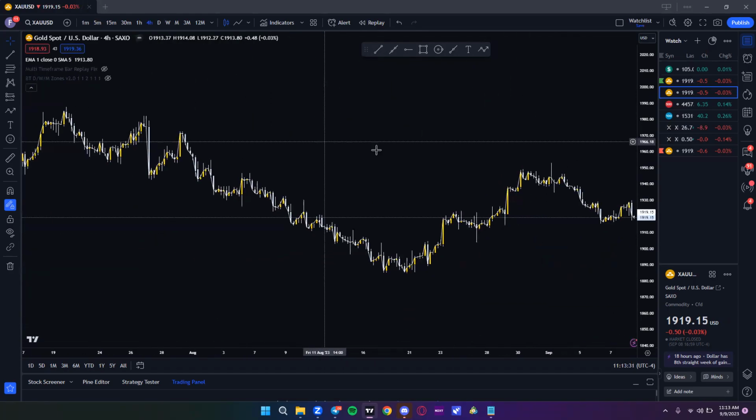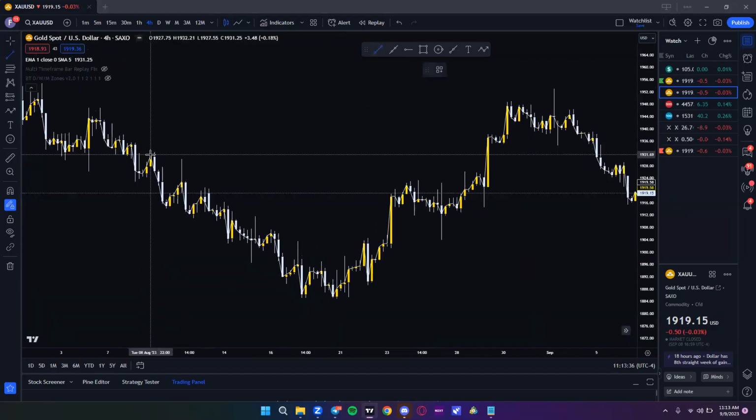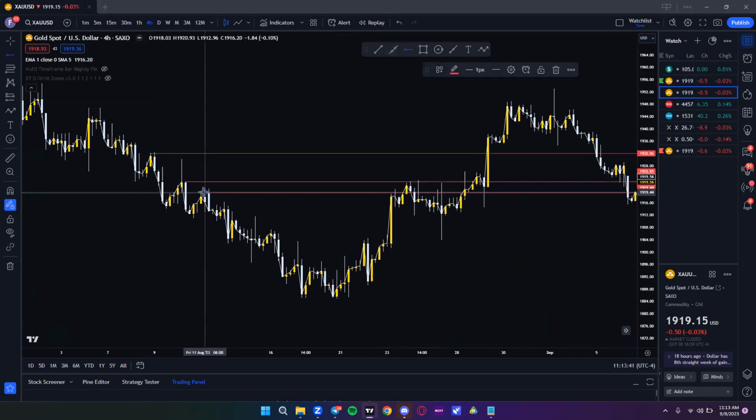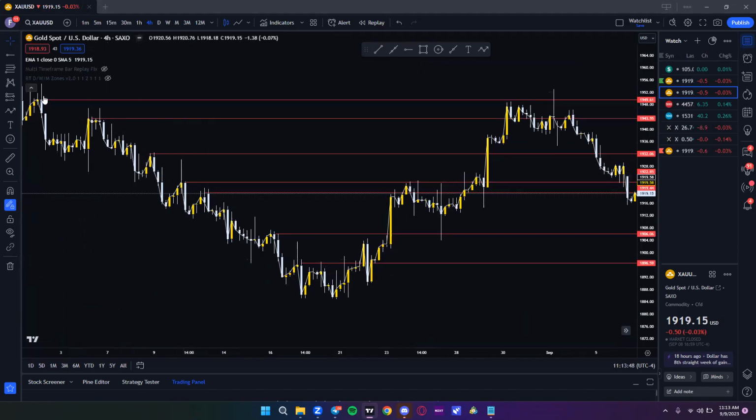What you would have done to identify would be to literally mark out every one of these levels. You would see that, oh, this is a fresh classic SNR level, and you would take the sell here, but then it wouldn't hold. You would take the sell here, but then you would get stopped out. You would take the sell here because it's a fresh H4 level.